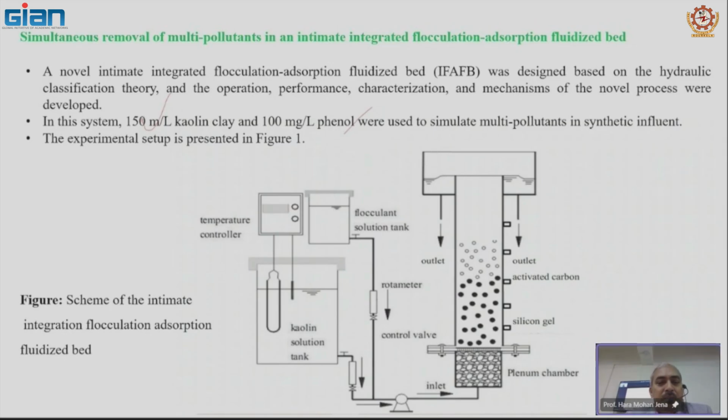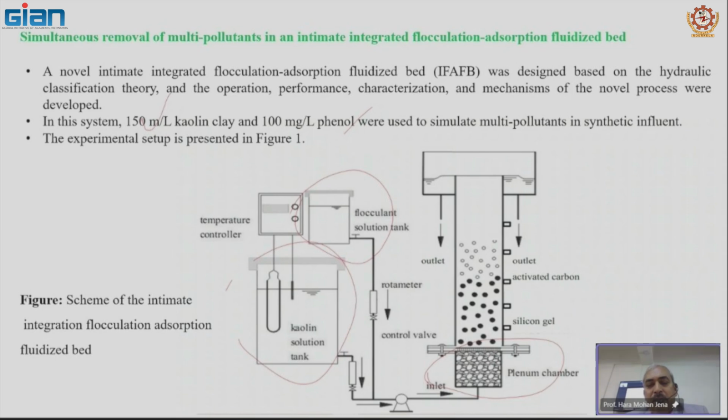As you see the experimental setup, the kaolin solution tank is there, then the flocculant solution, okay, it is here. The flocculant solution is pumped into the fluidized bed by means of a pump. This is the plenum chamber, meaning the distributor section, which is located at the bottom, through which with intimate mixing this enters.